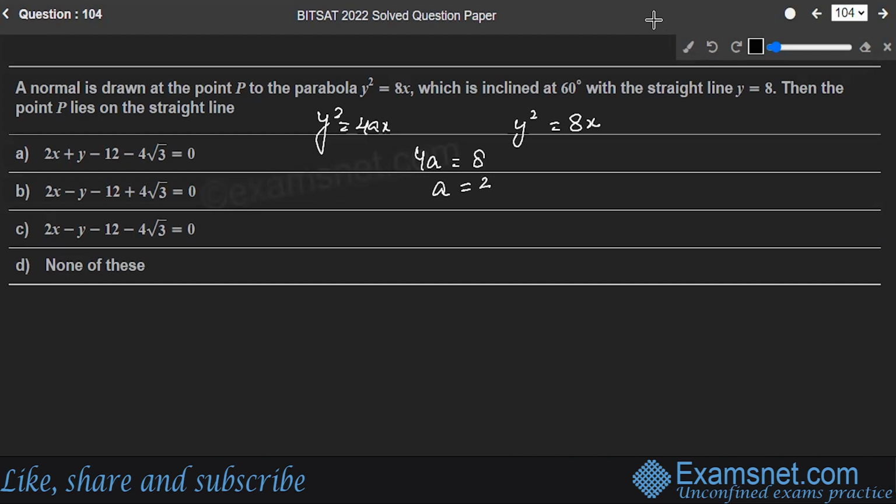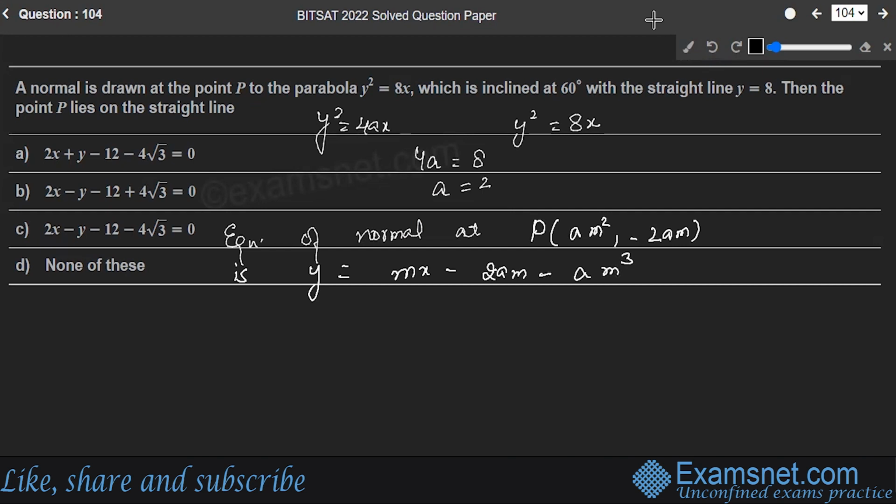Now the equation of the normal at point P is given by y is equal to mx minus 2am minus am cube. Here you are given that they are inclined at an angle of 60 degrees.